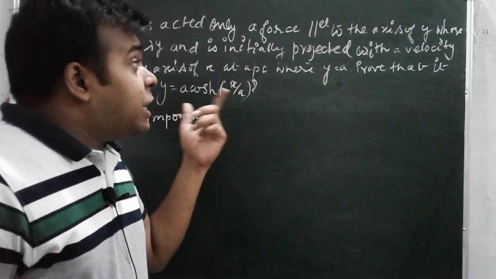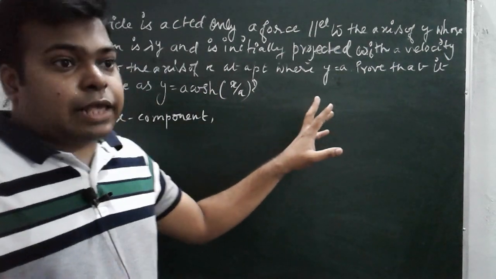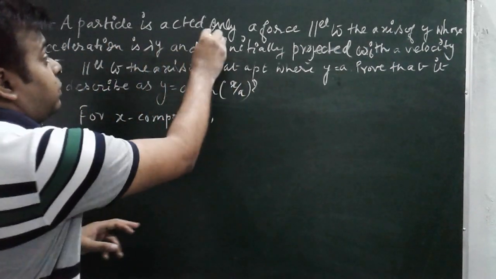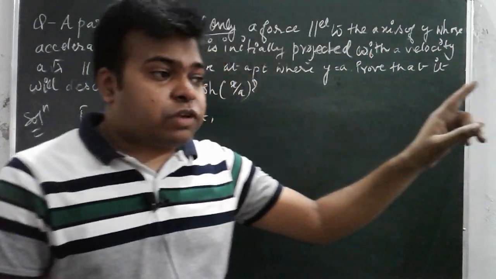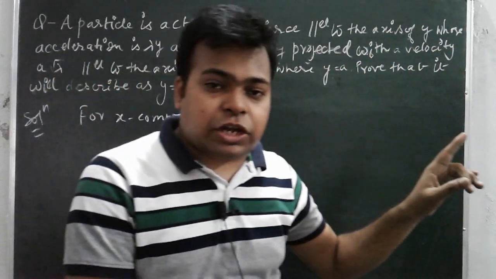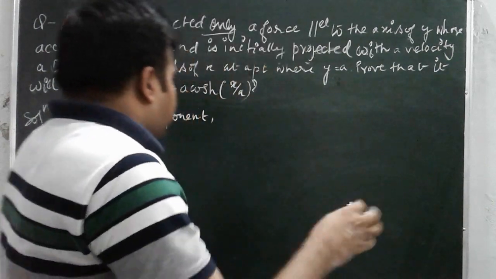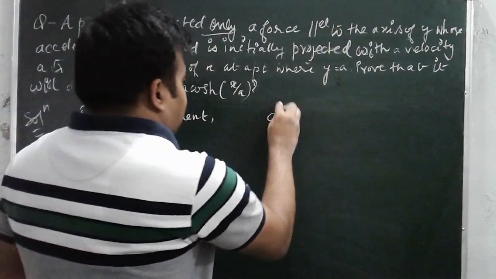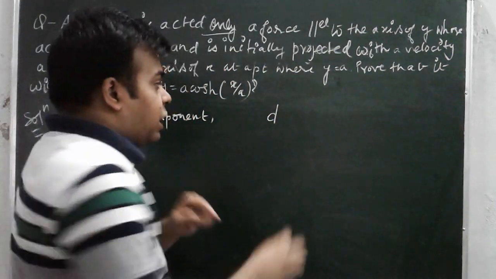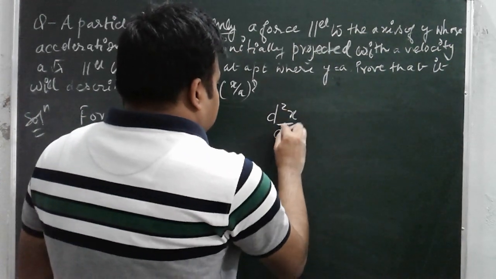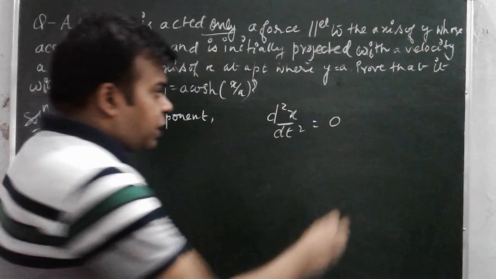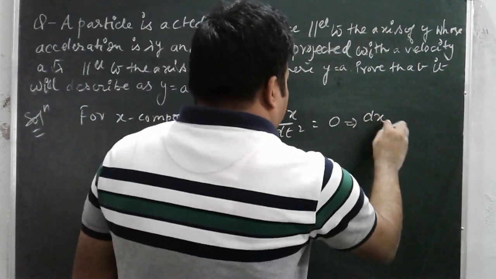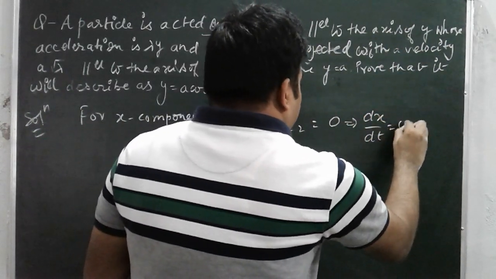It is clearly written in the question that the force is acting only parallel to the y-axis. So there is no force component acting in the x direction. So for the x component, the acceleration in the x direction, d2x over dt square, will be 0. If we integrate it, we get dx over dt will be constant.